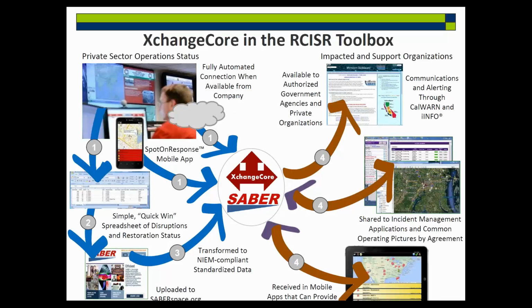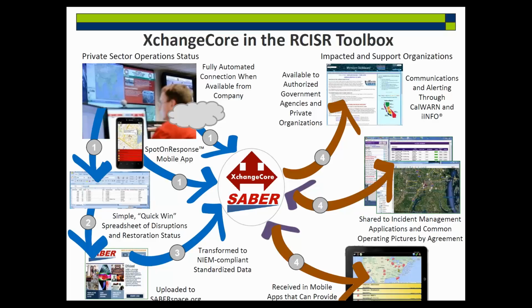The combination of XchangeCore and Sabre, XchangeCore being the technology, Sabre being the organization which focuses on private sector information exchange. It's depicted here as private sector operation status. The first one we're going to be using is San Jose Water Authority, and their mission is to be able to respond to leaks that occur in their water system.